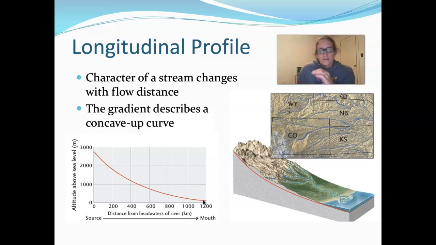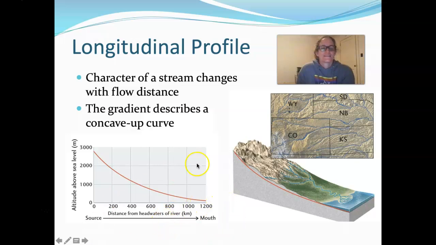That gradient, along with the discharge, gives the stream its erosive power. So the headwaters is going to be steep, more erosion. The middle of the stream, the main trunk of the stream, there's going to be just movement of sediment. And then at the mouth, where gradient drops off, there is going to be deposition.